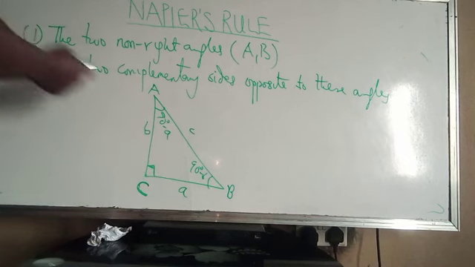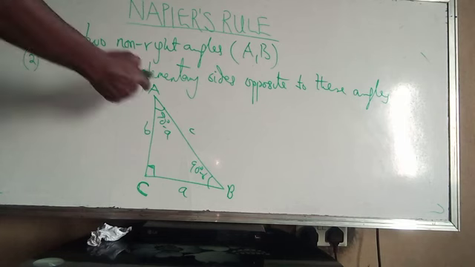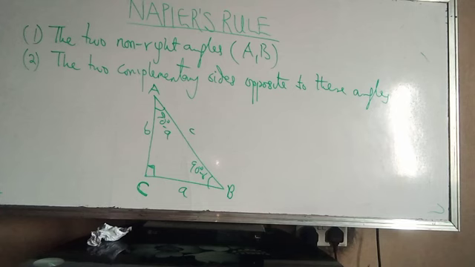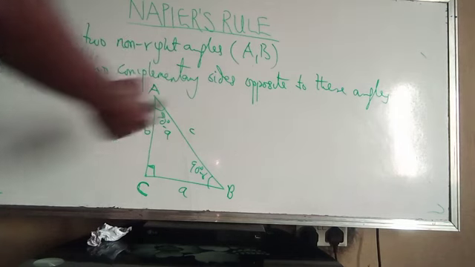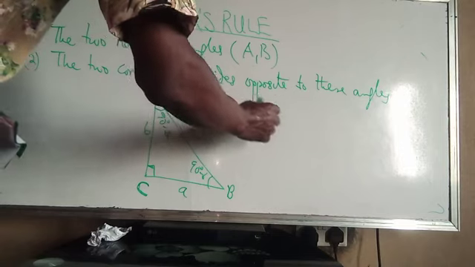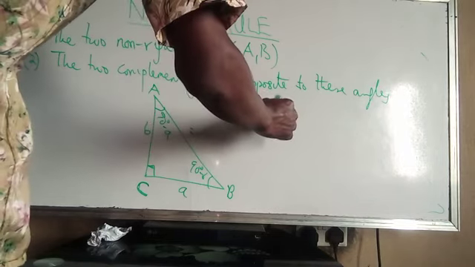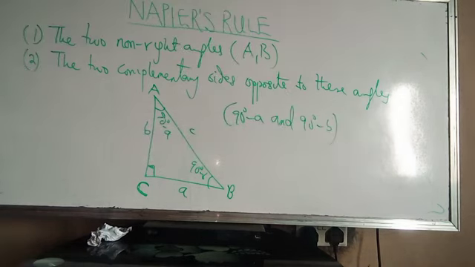This is another complementary side. These are the sides that face the included angle. So we have the two complementary sides opposite to these angles. They are 90 degrees minus A and 90 degrees minus B. Those are the complementary parts we have there.